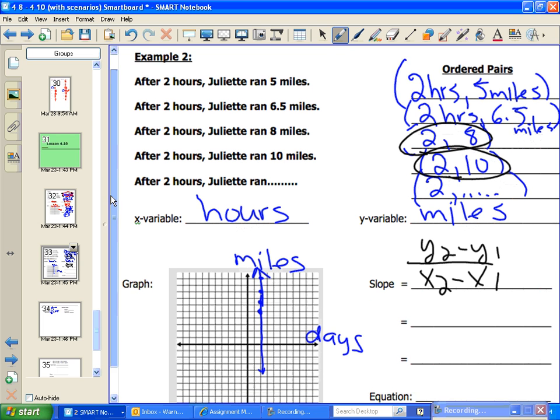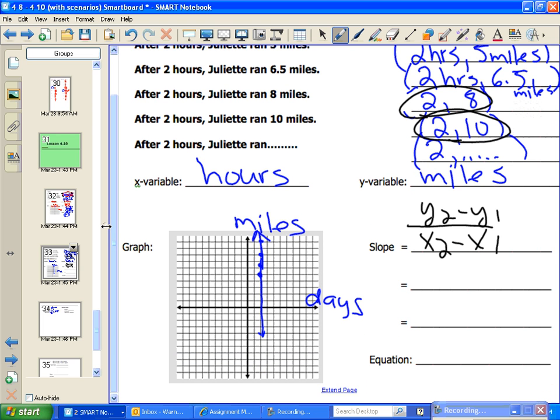Okay, plug in the numbers in the formula. 10 minus 8 miles over 2 minus 2 hours. Okay, 10 minus 8 is 2 miles every 0 hours.